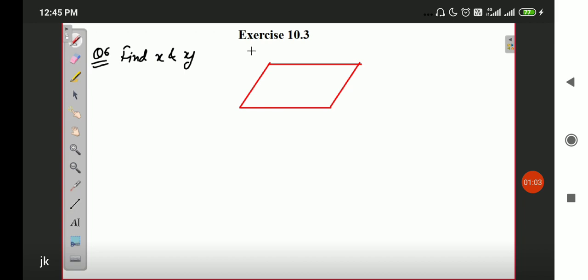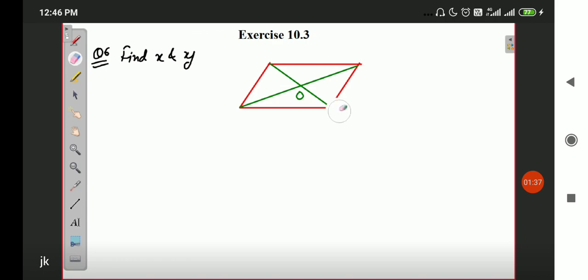This parallelogram is P, Q, R, S and it has two diagonals, QS and PR. The point of intersection of both of these diagonals is O. What is given to us is length... one minute, I named it incorrectly.